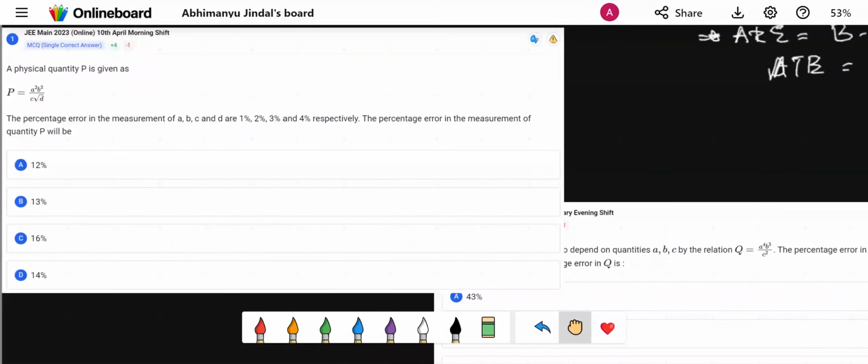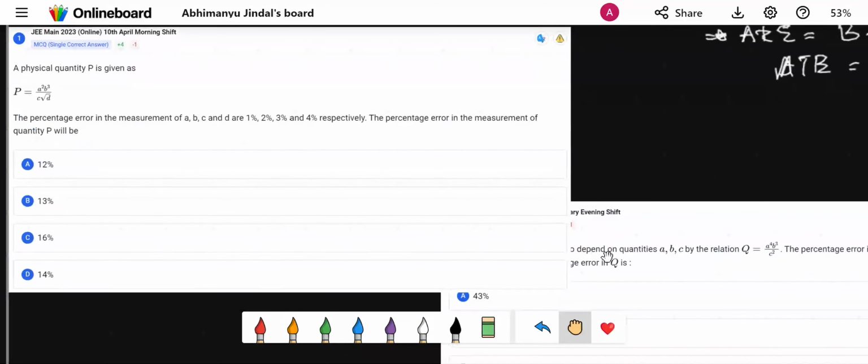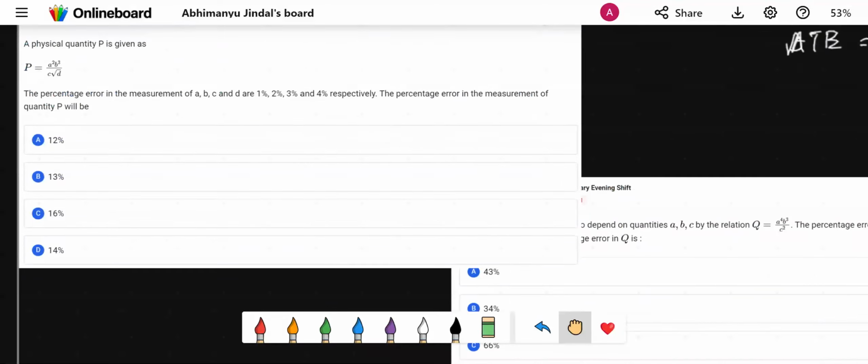There you go. A physical quantity P is given as this. The percentage errors in the measurement of A, B, C, and D are 1%, 2%, 3%, 4% respectively. The percentage error in the measurement of quantity P is. So as I just explained, when you're given powers or multiplication and division is happening, the easiest way is to write it this way.